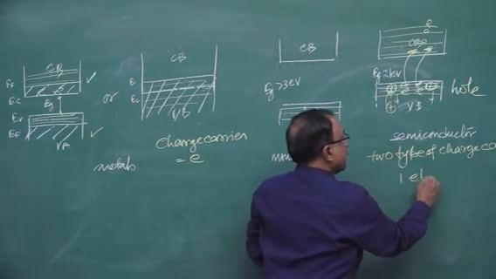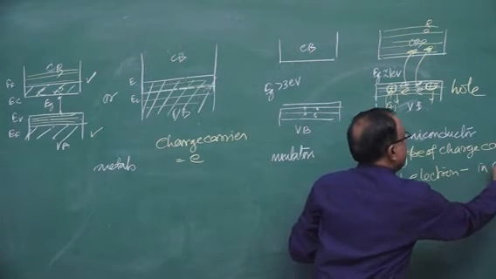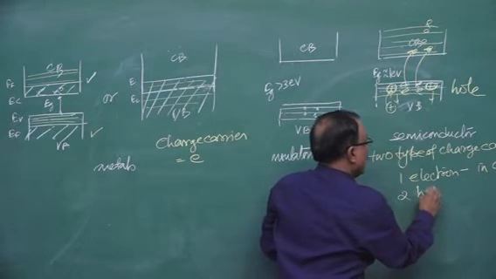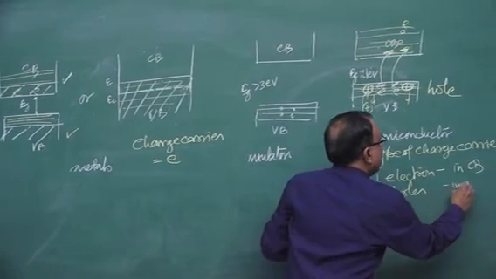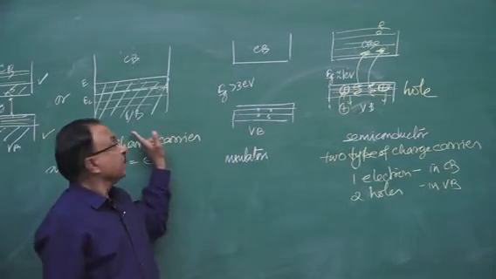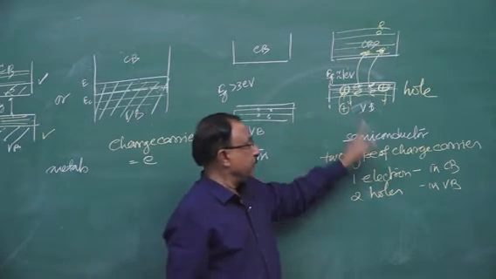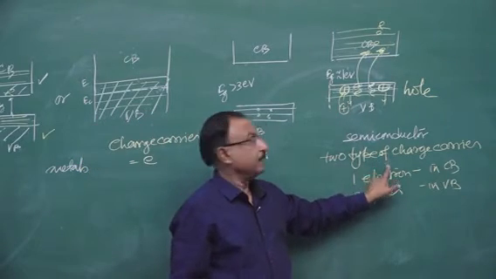One is the electron in the conduction band, and the second is the hole in the valence band. While in the metal, there was only one type of charge carrier, the electron. In the semiconductor, two types of charge carrier are there.